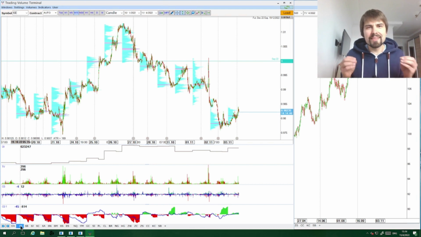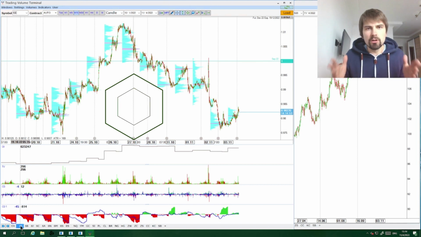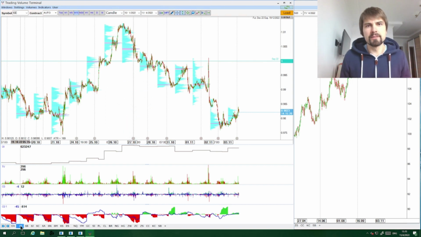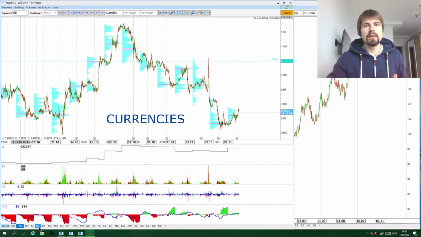So the second thing that unites all these futures is possibility to control risks in a proper way because of liquidity of these markets.